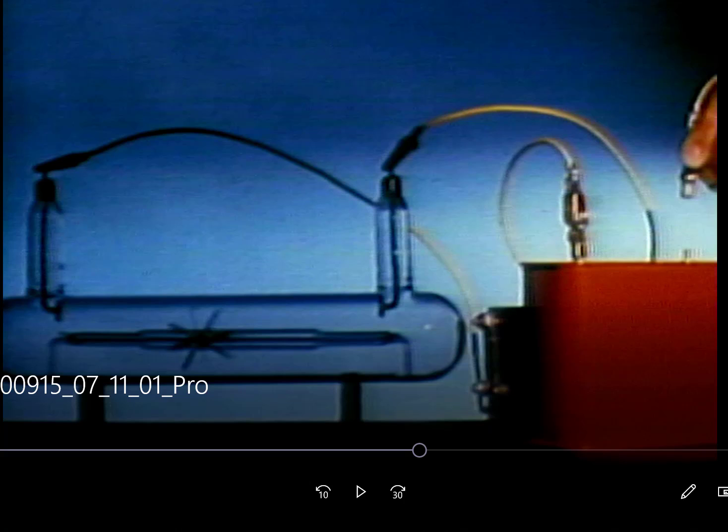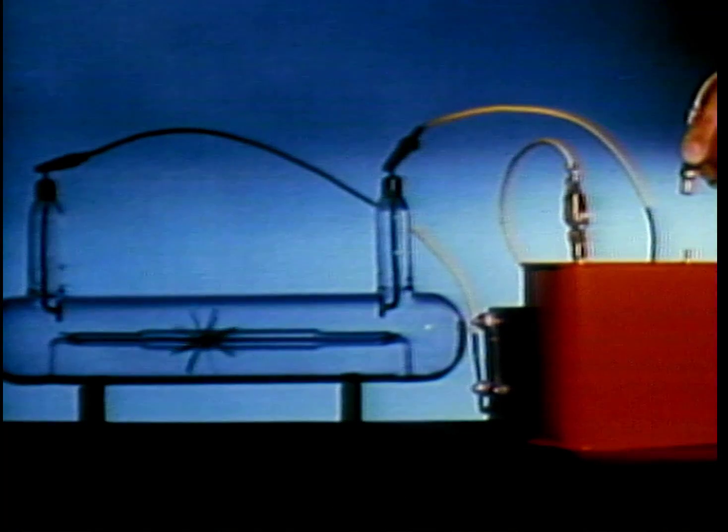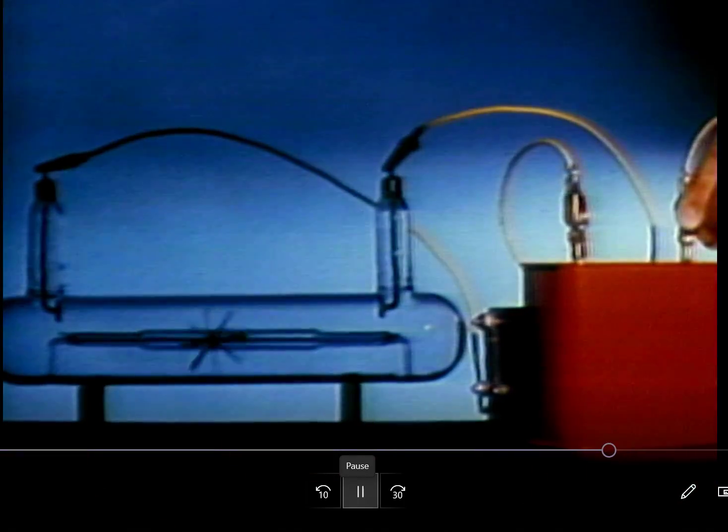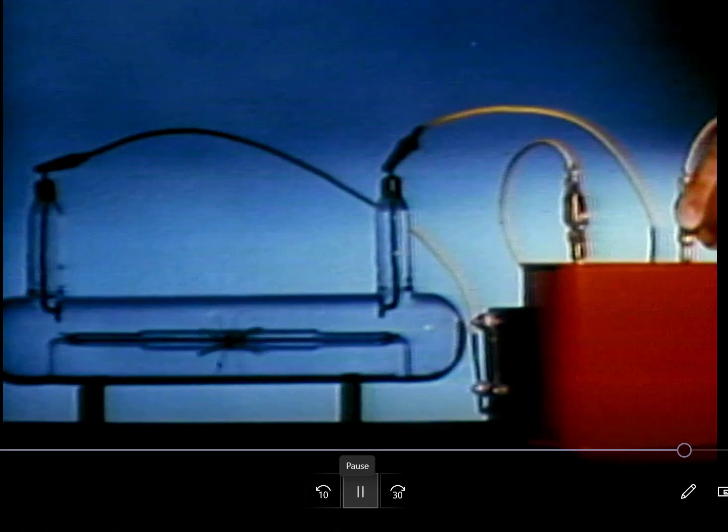Here's our tube, and there's the two electrodes, but notice they put the electrodes across the top so that anything that flies will hit that wheel and make it spin. So whatever is coming off this cathode is hitting that wheel and making it spin on its way to the other electrode. Because when you turn the power off, the wheel stops. You hook it back on, the wheel spins.